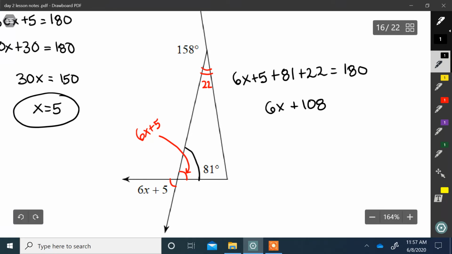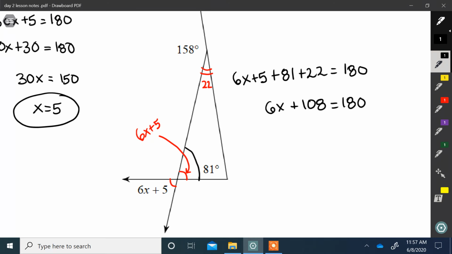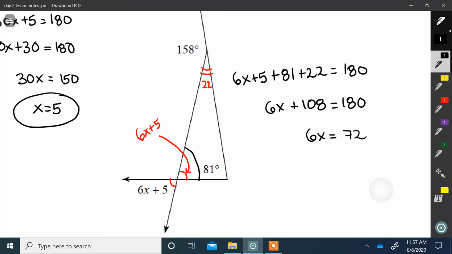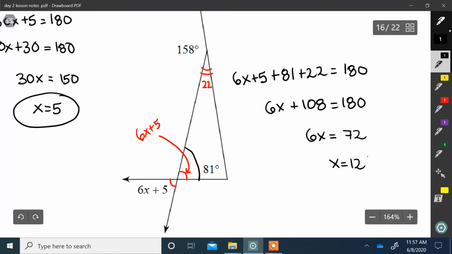Well, that's 108. Then we subtract 108 from both sides, we get 72. And then of course 72 divided by 6 is 12.